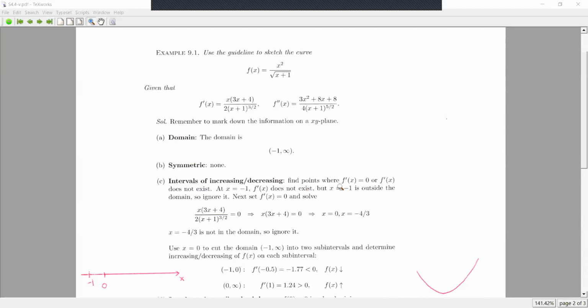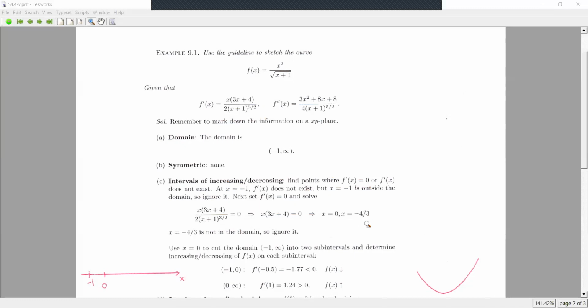Now, find points where the derivative is 0. Set the derivative to 0. Then move the denominator to the right side to get this equation. Then we have 2 points, 0 and -4/3.